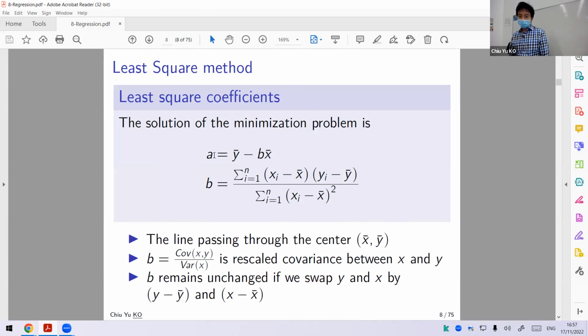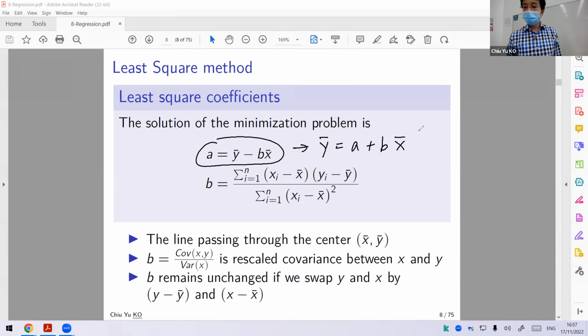First, you will see if you rewrite this, we write x bar is equal to a plus b x bar. So first we have this one. What does that mean? It means that the line will pass through the center of data, right?